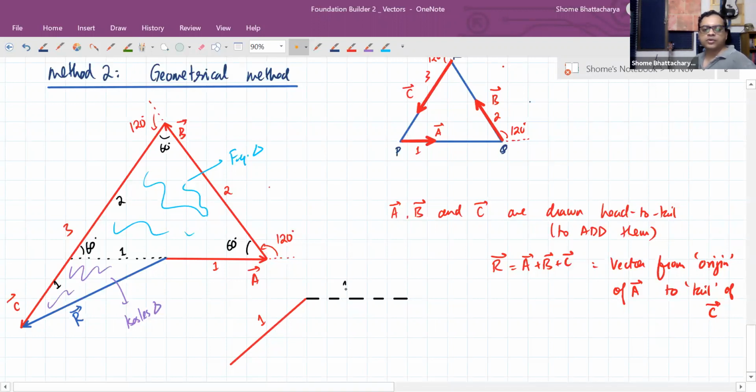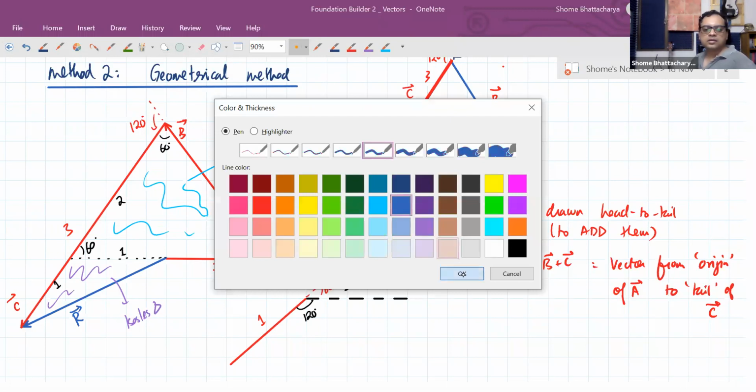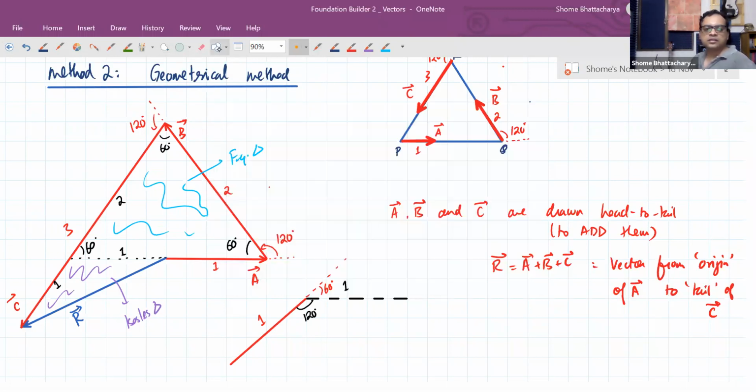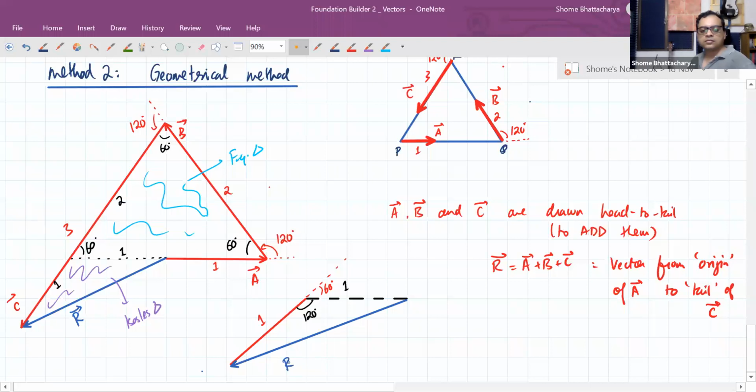This is also magnitude 1, and this angle is 120 degrees because this angle is 60. And the third side of that isosceles triangle is the vector that we are looking for, which is R. So this same isosceles triangle, that's here.